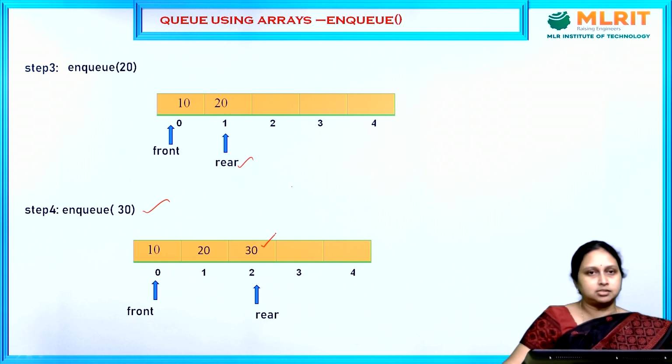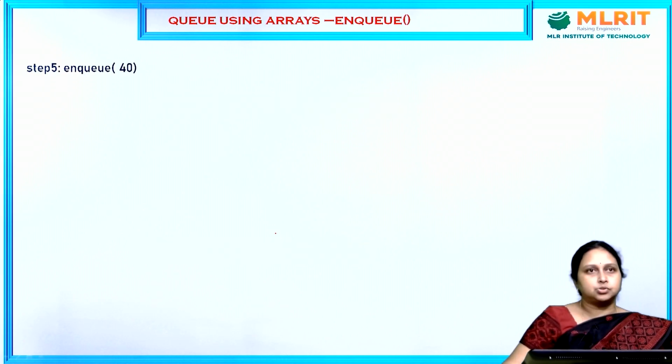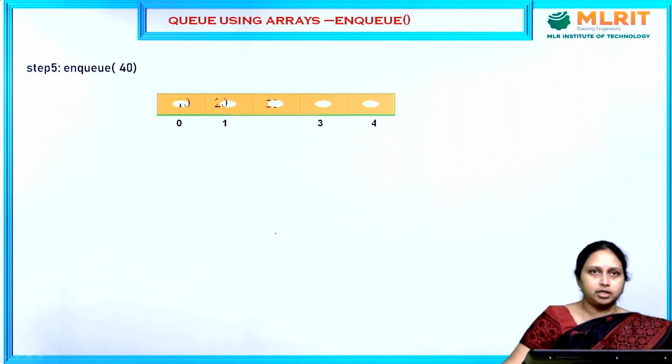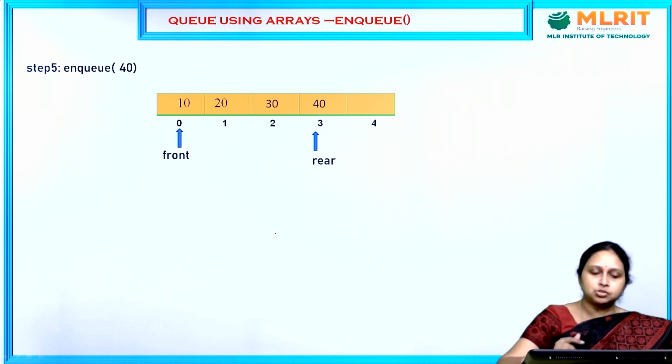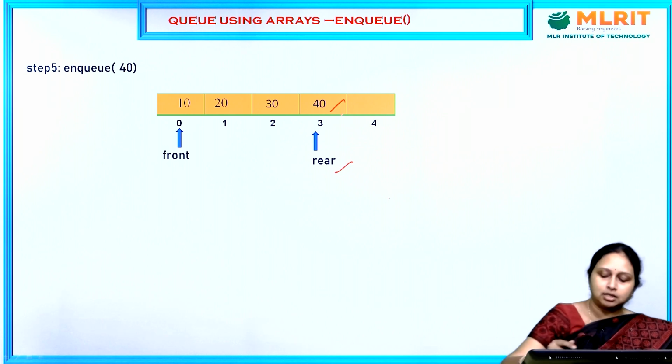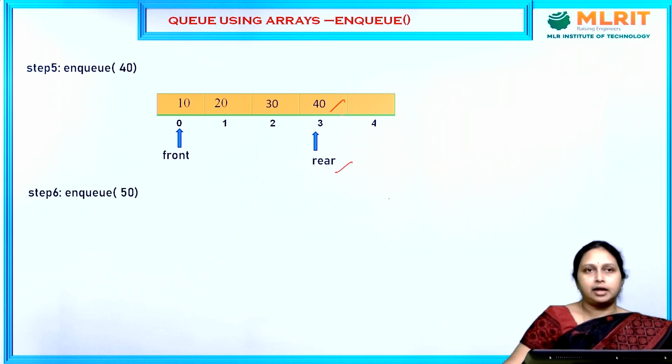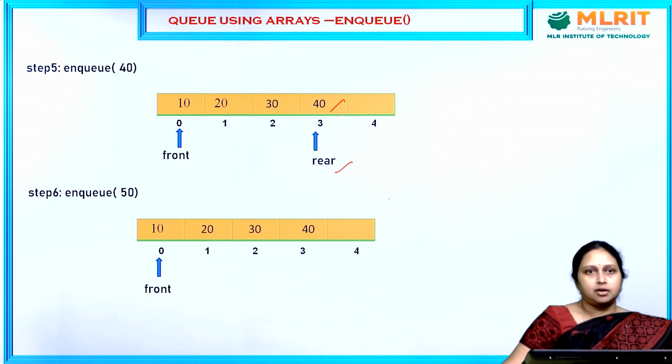Next, enqueue 40: increment the rear value first and then insert the element 40. And enqueue 50: again increment the rear value, then insert the element 50.